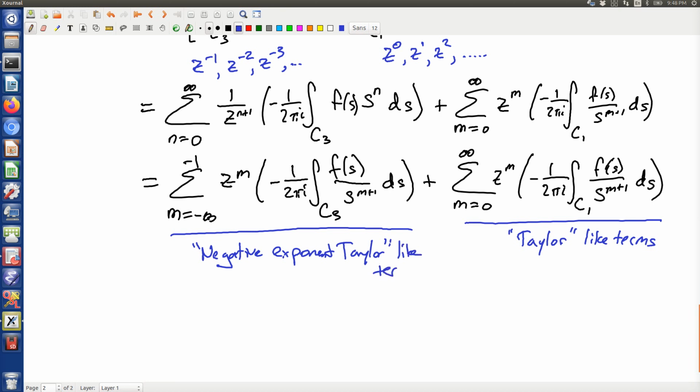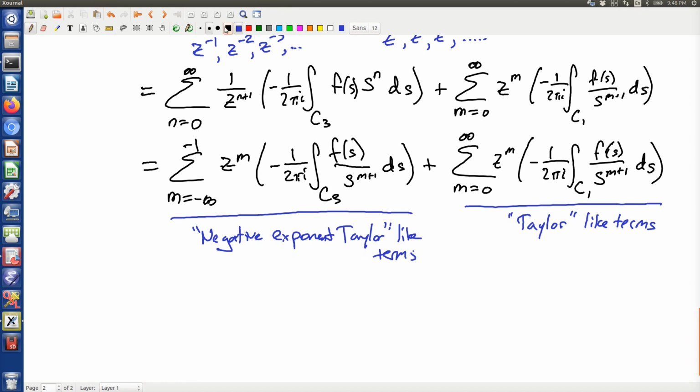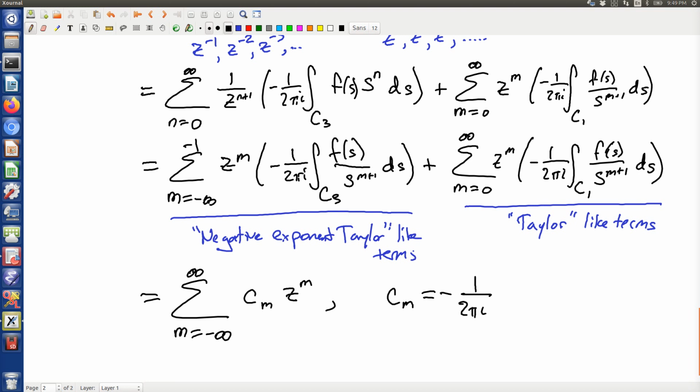I think the best way to actually write this down, if you want to be really compact about it, is to say that the whole thing is really a sum that goes from minus infinity to plus infinity. And there's some coefficients, C_m, z to the m, and these C_m's, well, you know, these minus signs are kind of irritating. These minus signs are a product of the orientation of the contours, so don't let that bother you too much.